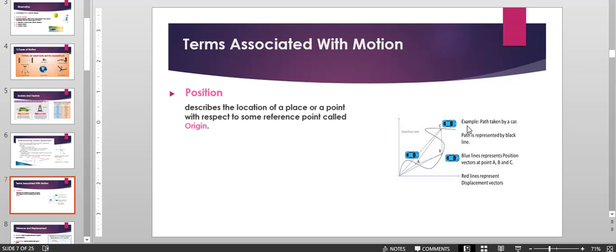Look at this example. Path taken by a car. The path is represented by a black line.